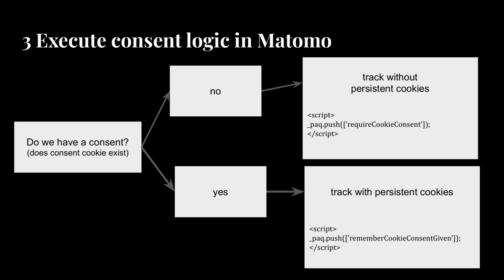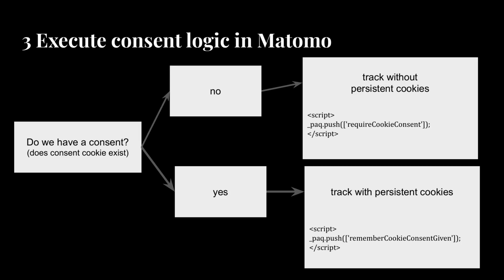And when we're doing so, Matomo will start setting cookies. And if we don't have the consent, or actually on every other page view, we will run the code above that requires us to get a cookie consent. So that in combination with the track without cookies will give us the wanted behavior.